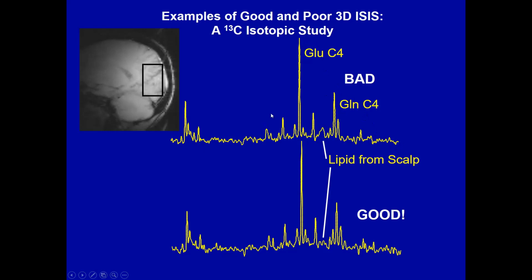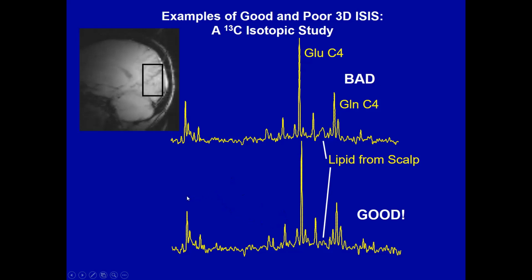That peak will be huge if you don't do anything to isolate the signal inside the brain versus outside the brain. So in this case, we selected a volume in the back of the head, and we want to eliminate the signal from the fat that comes from the scalp. Here is an acquisition done in the same person. In one of these, the person was holding pretty still.